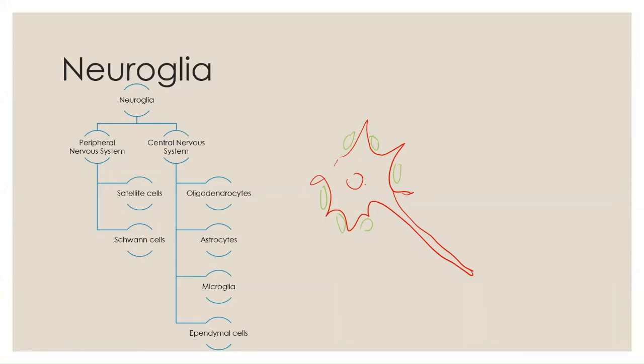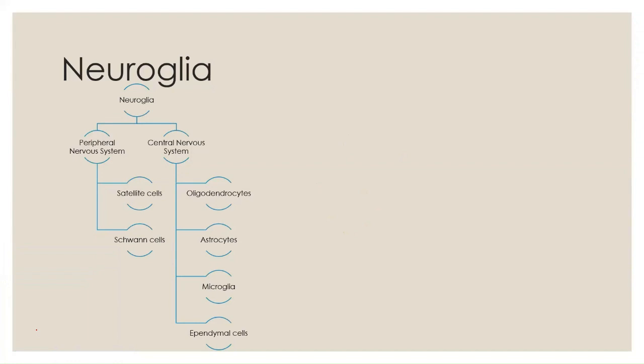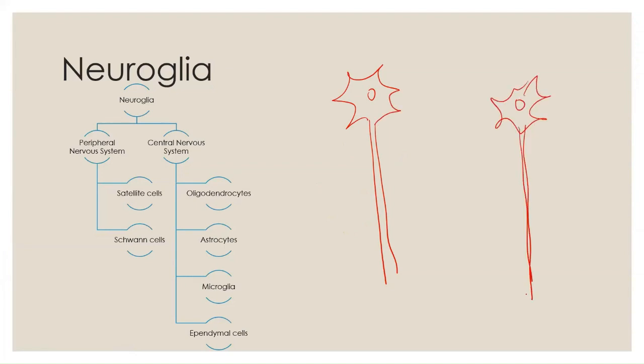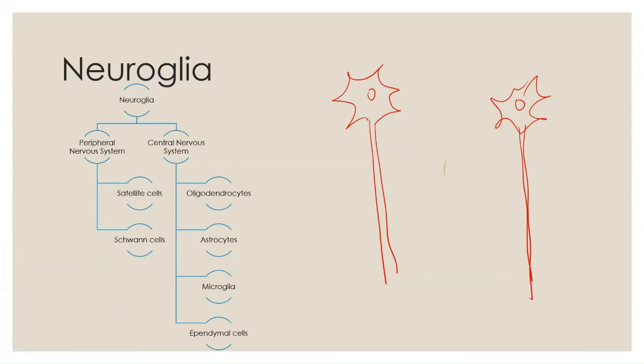When you take the central nervous system, again you have a few types of supportive cells or neuroglia. If you take oligodendrocytes, if you take two nerve cells like this, which are within the brain, you have oligodendrocytes between them, right?